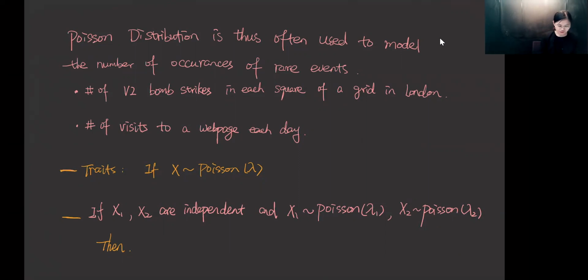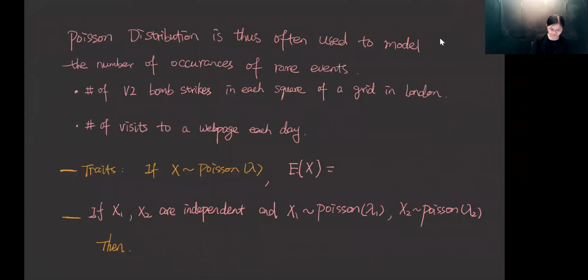For the Poisson distribution, you can calculate its traits. We're not going to go through the mathematics in the book. There are details for deriving the traits of the Poisson random variable, but we'll not go through that. But I will just mention that a Poisson lambda distribution has expectation that equals lambda.